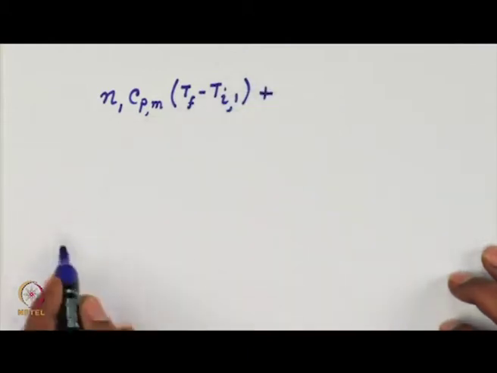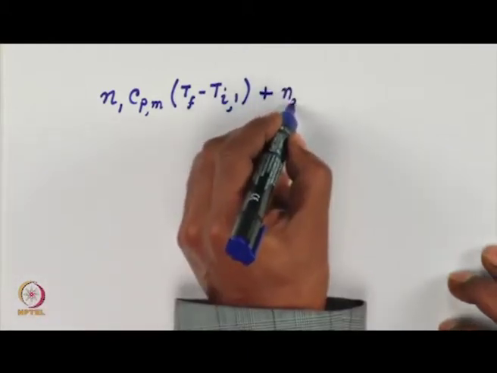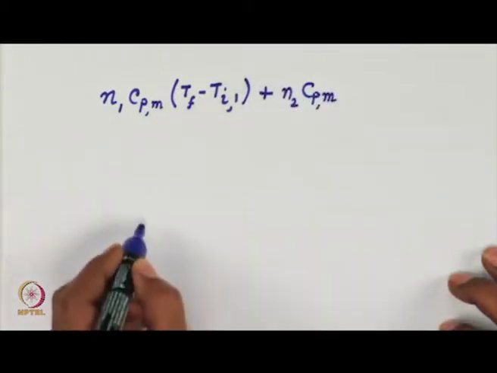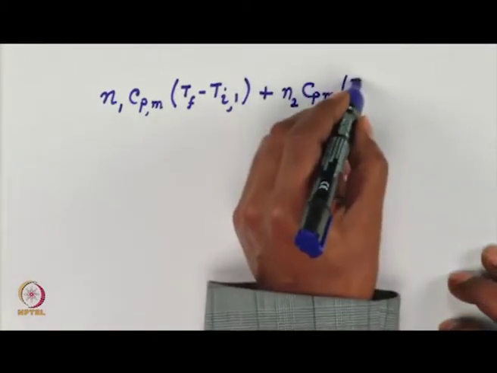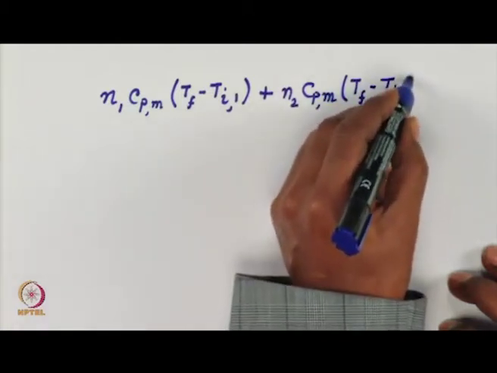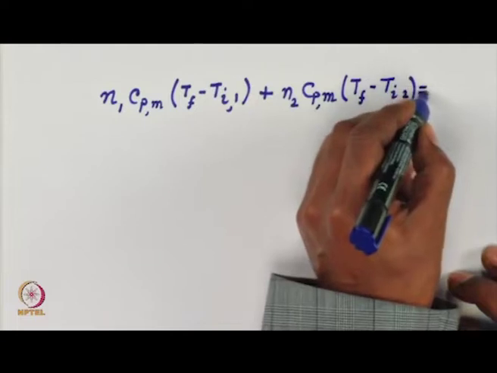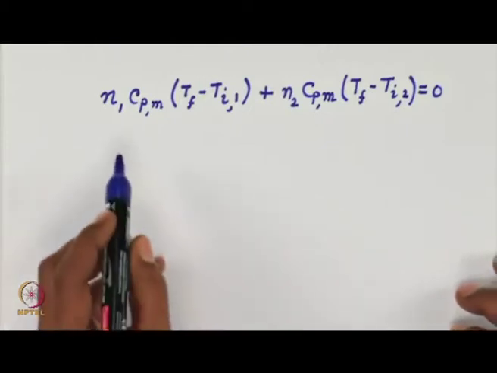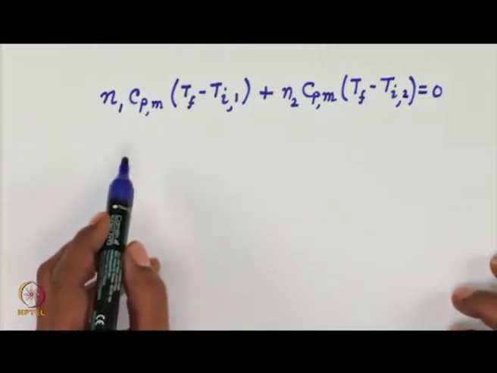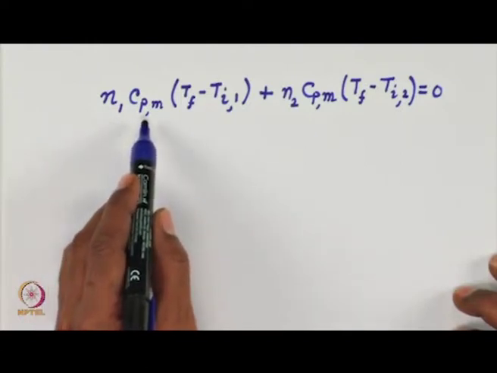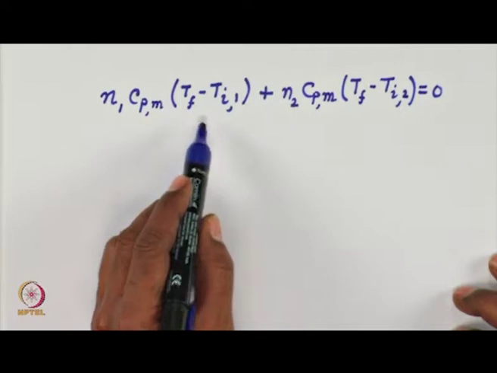plus N2 times Cpm, if it is the same substance, Tf minus Ti2, has to be 0. That is, heat gained plus heat lost has to be equal to 0, and the heat gained or heat lost is given by this formula: N, the number of moles, times heat capacity times the temperature difference.